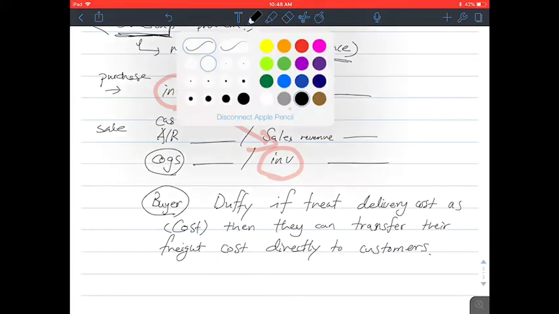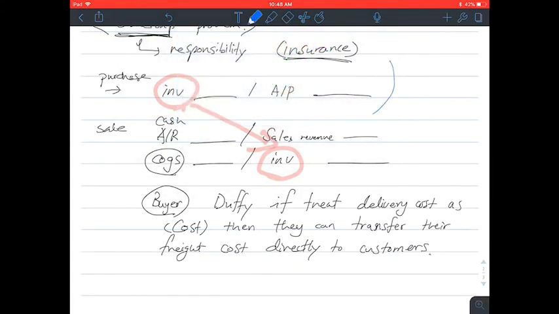Let's say that in between there was a freight cost.